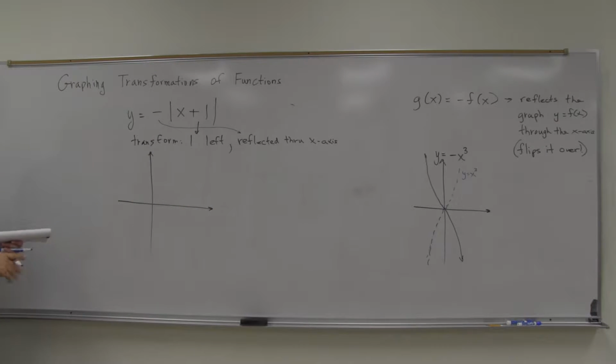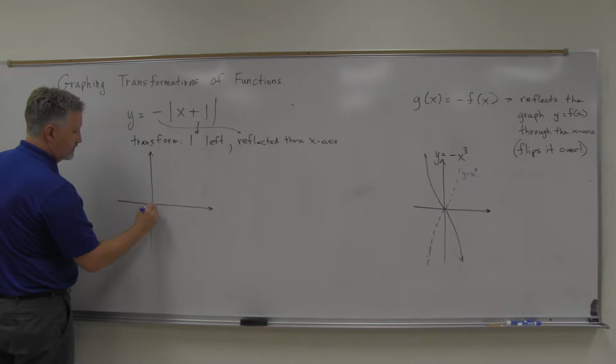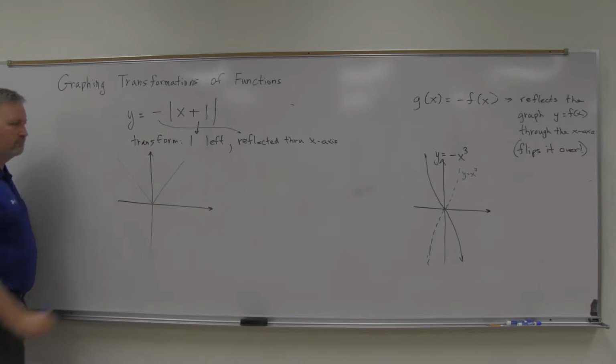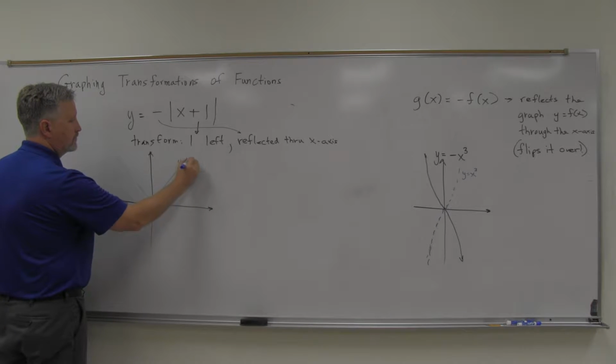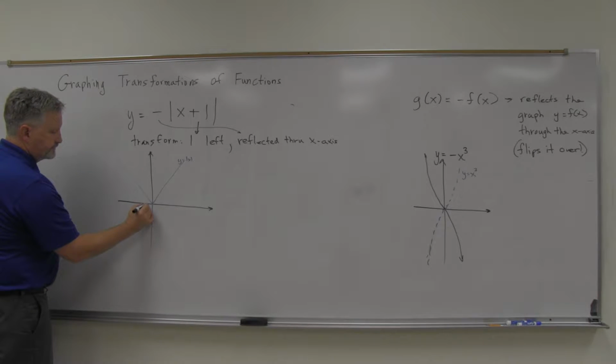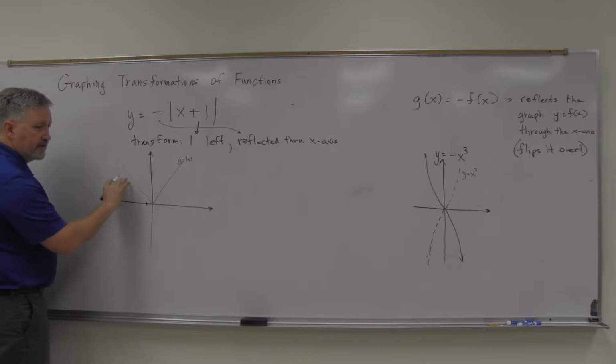Well, all right. So here's what that looks like. So here's y equals the absolute value of x. Let's move that one to the left and then reflect it through the x-axis. So one to the left, we put it over here, and then I reflect it.